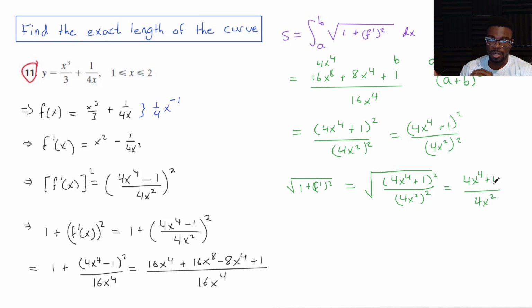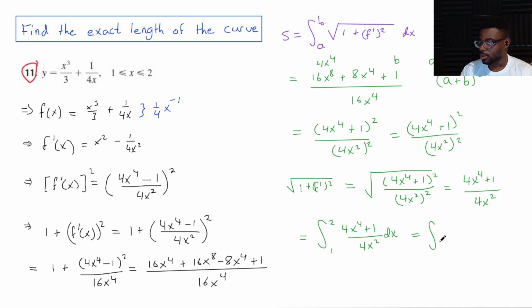And in the process of integrating it, it's going to help us to distribute the denominator to each term on the numerator. That way we have two separate fractions. Right, because once we have two separate fractions, we can integrate them individually to get a solution. So we're going to write the integral from 1 to 2 of (4x power 4 plus 1) over 4x squared dx.